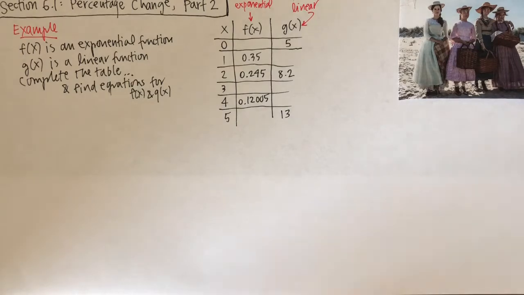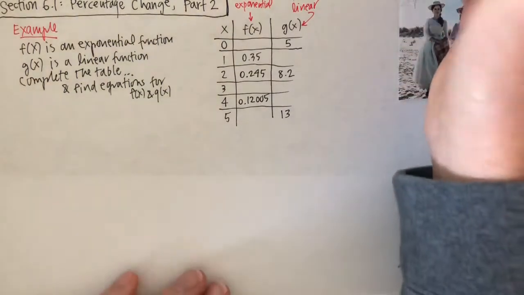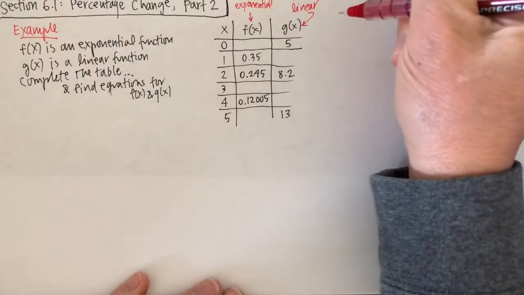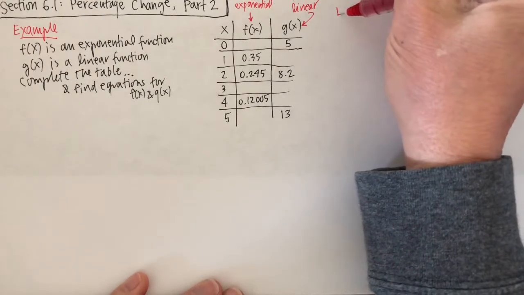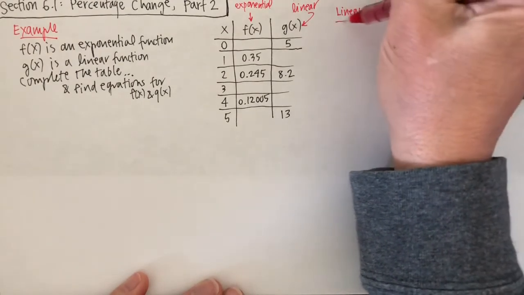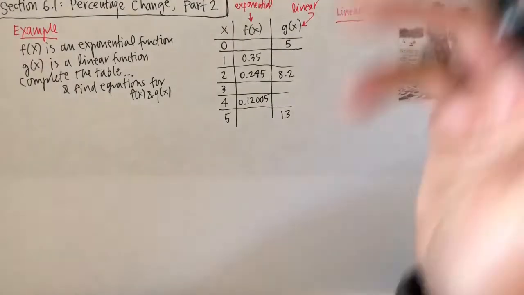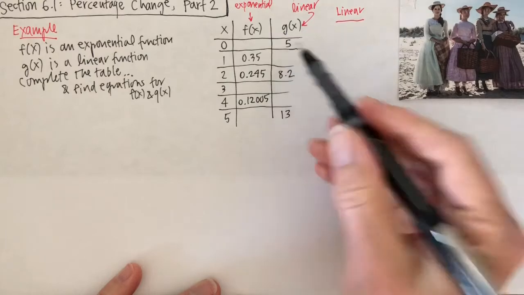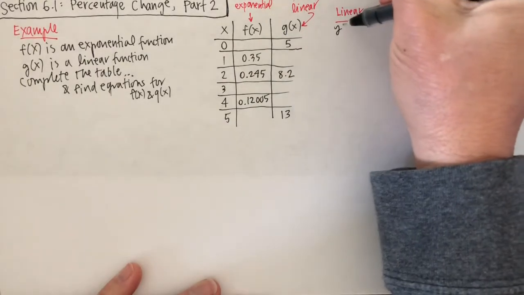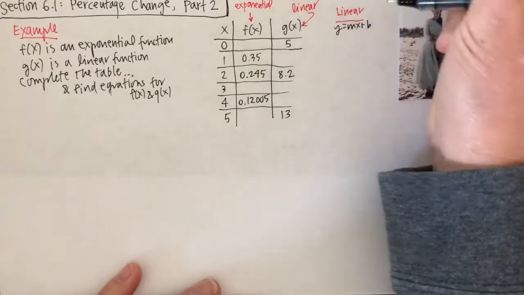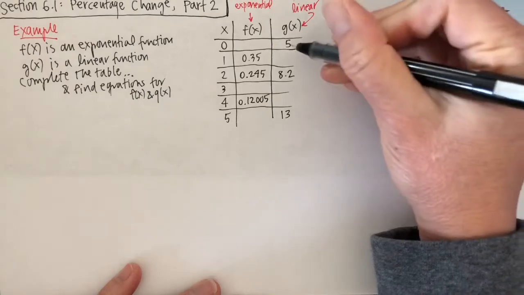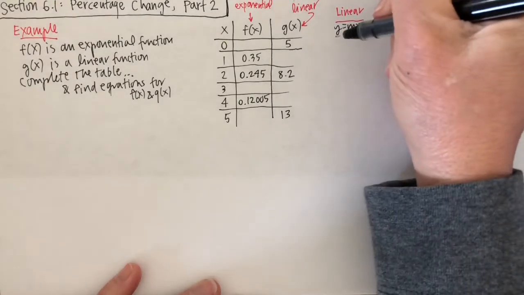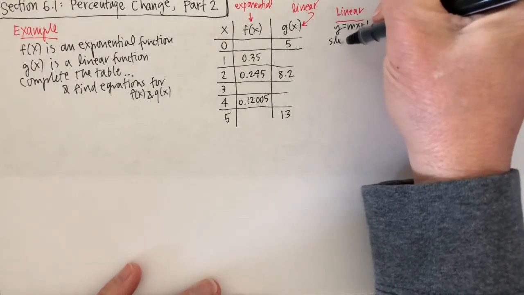We're going to start with the linear function because we're more familiar with this. So linear, let's start by calculating the slope. We actually already know the y-intercept. Remember that a linear function has to look like this. We know the y-intercept is 5. Now we'll just compute the slope.